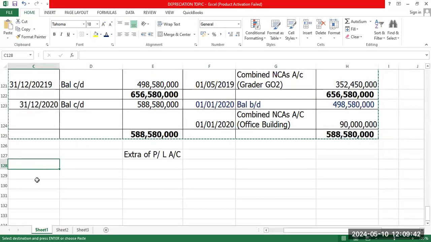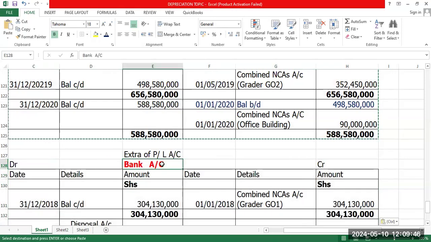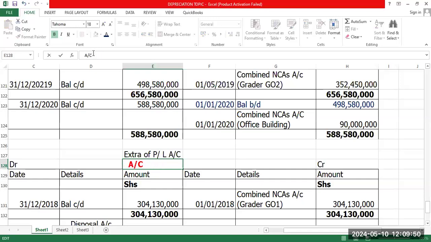So what you just do, here you put profit or loss account.